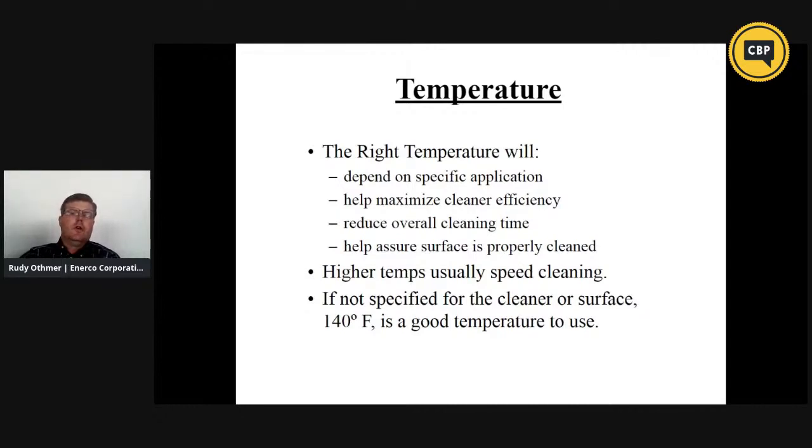Maybe we would like to preserve, or not have to recool a tank. And so if we can clean at a lower temperature, it saves us somewhere else in the overall process. So there again is why all of these items are linked together.